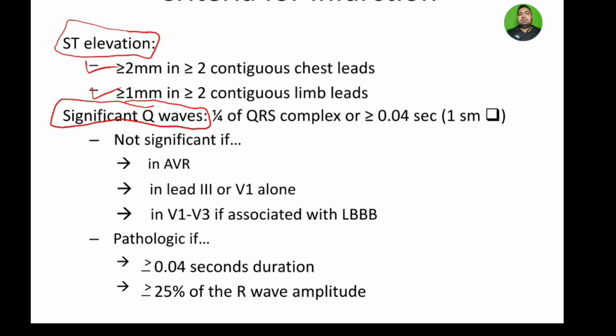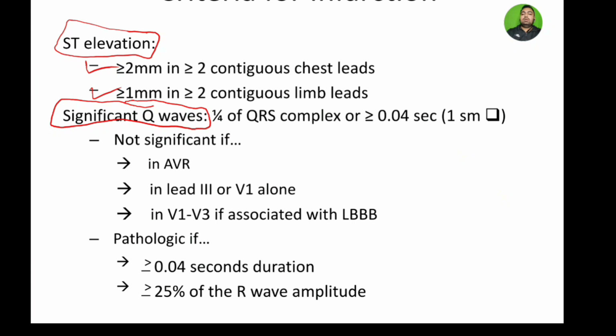Whenever the height of the Q wave is equal to or greater than 25%, or 1/4, of the QRS height, or greater than 1/4 of the R wave height, it is considered an abnormal or significant Q wave.